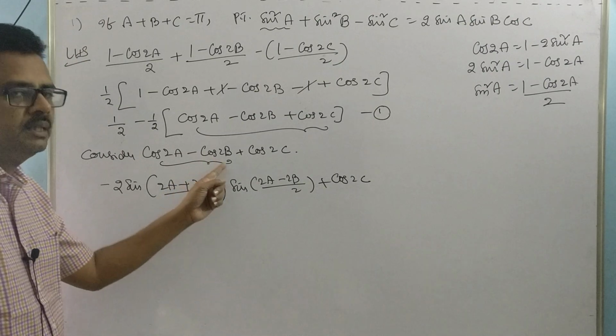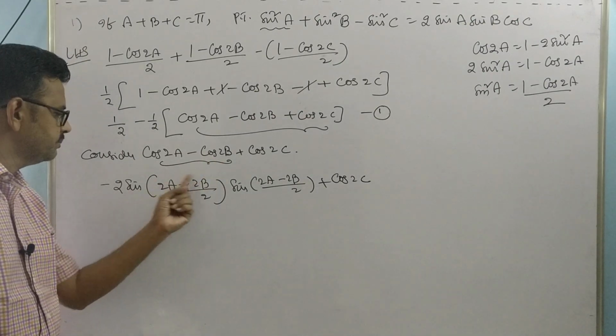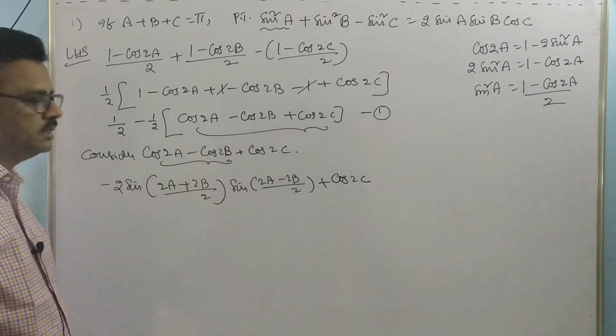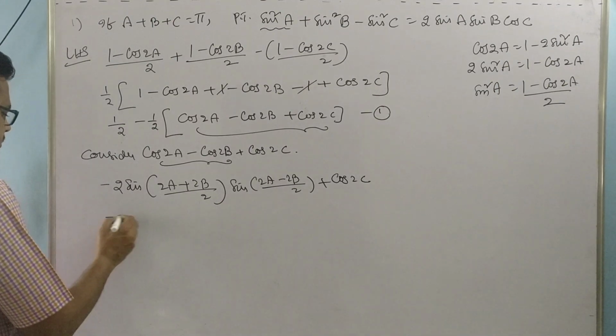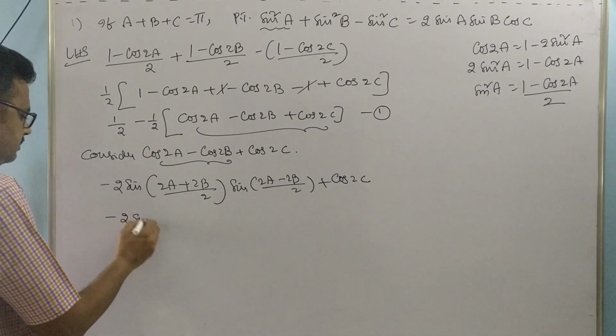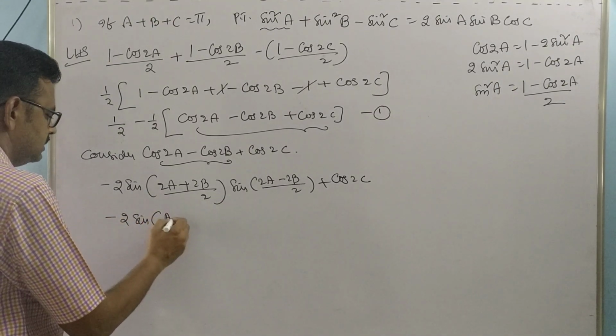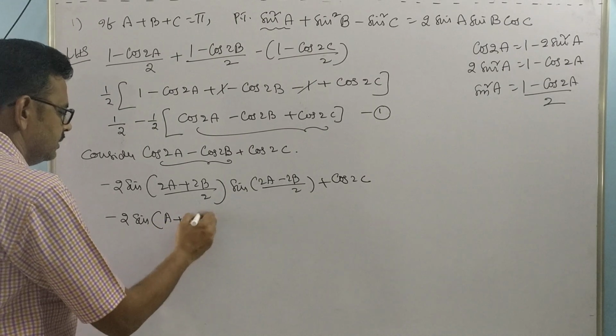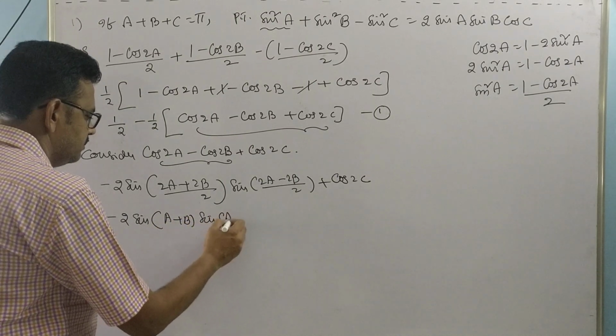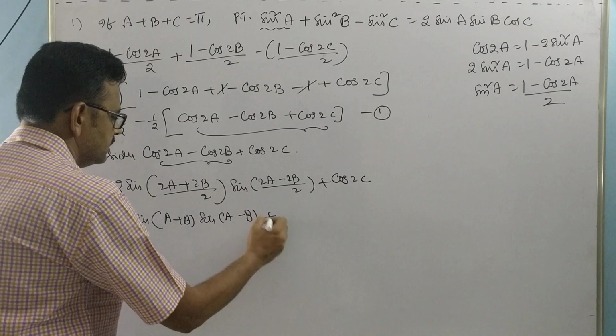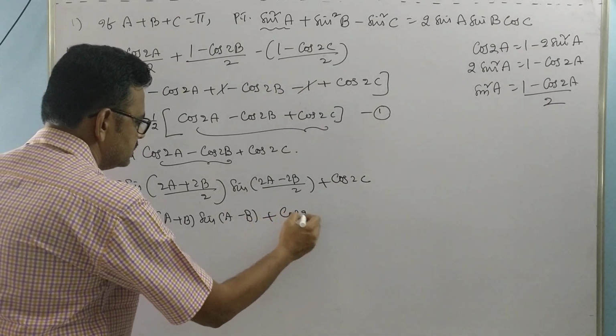Cos c plus cos d is 2 cos of c plus d by 2 into cos of c minus d by 2. So this is 2 cos of a plus b into cos of a minus b, minus cos 2c.